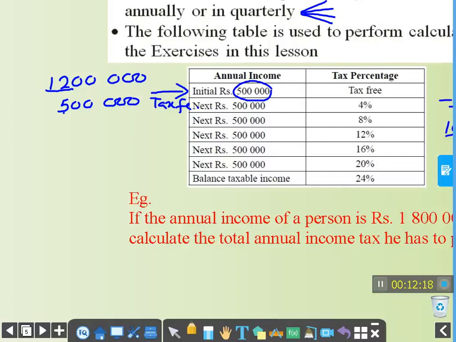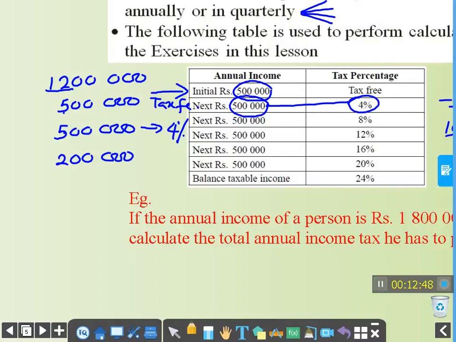What is the balance amount? 700,000. In this 700,000, for the next 500,000 you have to pay 4% tax. Now 500,000 plus 500,000 is 1 million. How much additionally? Another 200,000.